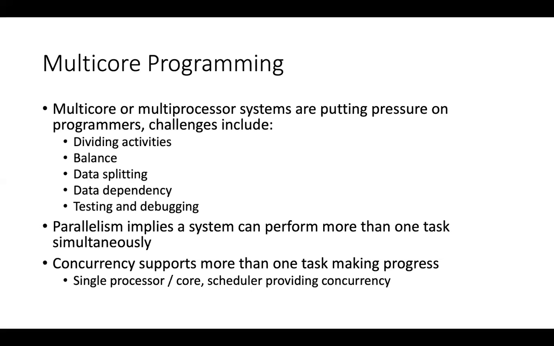Next, we'll look at multi-core programming. And remember the other day, someone asked the difference between multi-core and multiprocessor. So multi-core is generally just a single processor with multiple execution units.